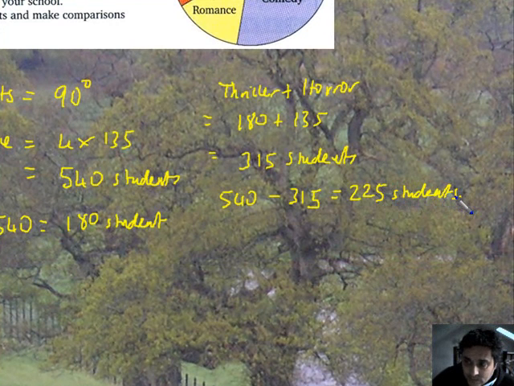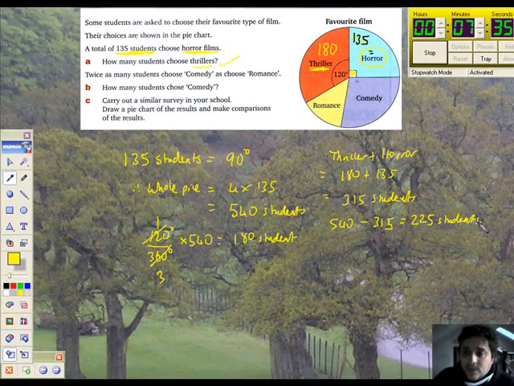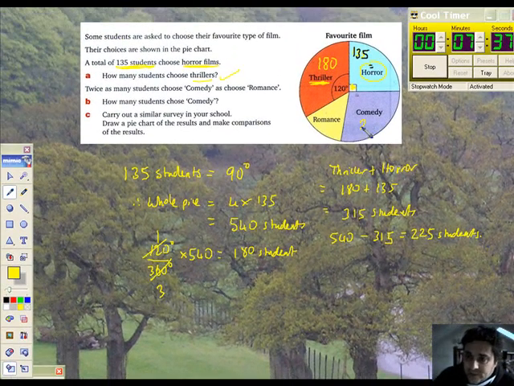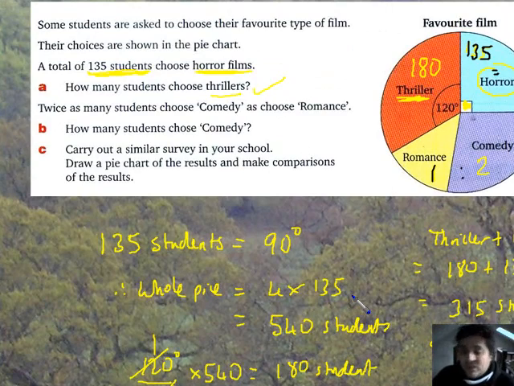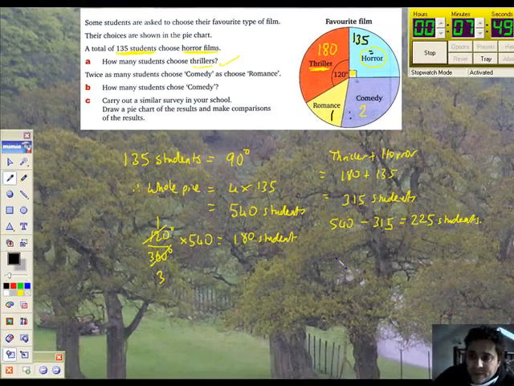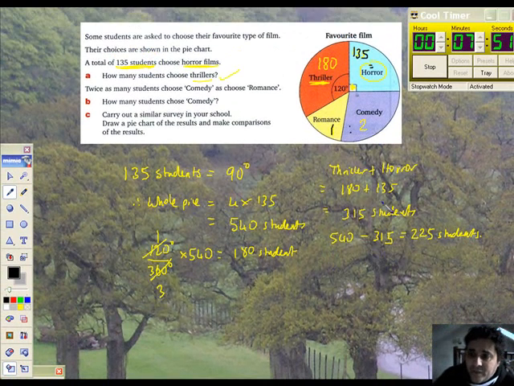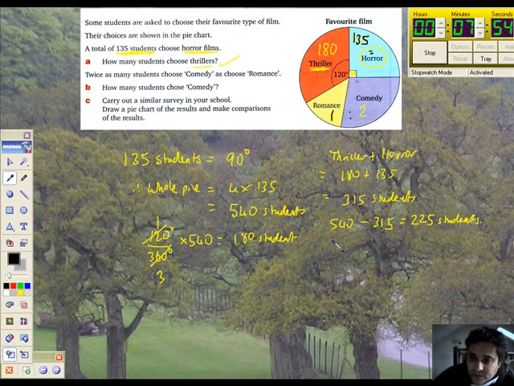Now, let's go back to the question. Twice as many students chose comedy as they chose romance. How many chose comedy? Well, let's look at it carefully. 2 lots chose comedy, 1 lot chose romance. Let's put black on that. So you've got a ratio like 1 to 2, if you want to do it that way. So in order to find out how many people like comedy, I can work out 1/3 of the remaining students by doing this.